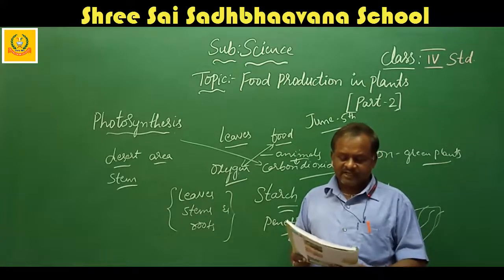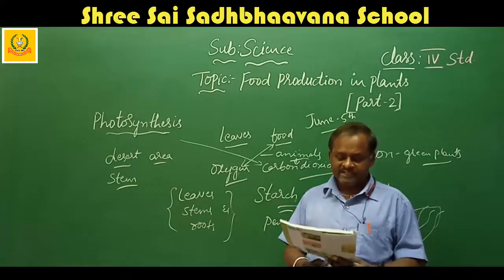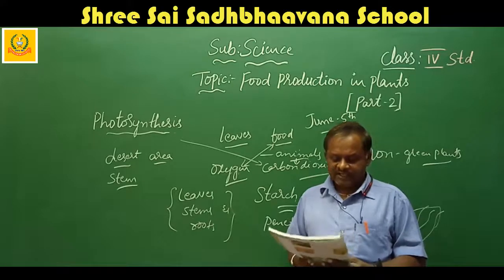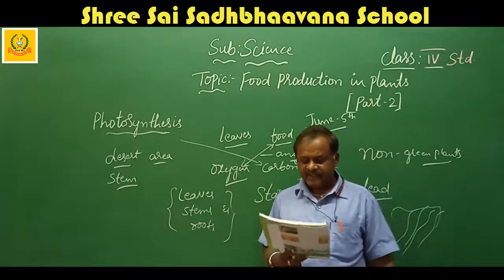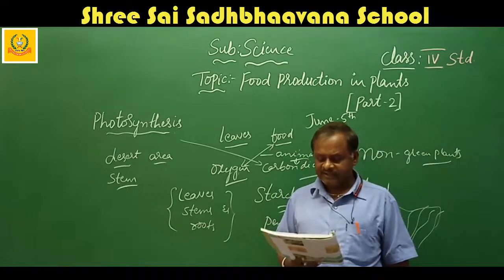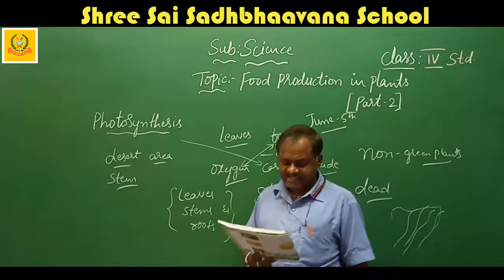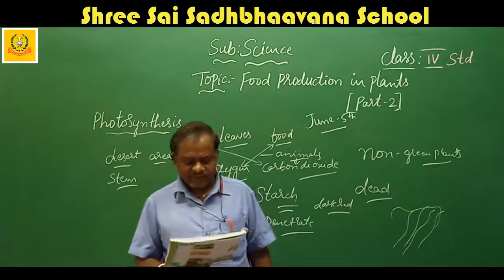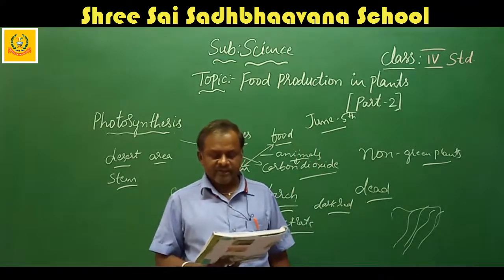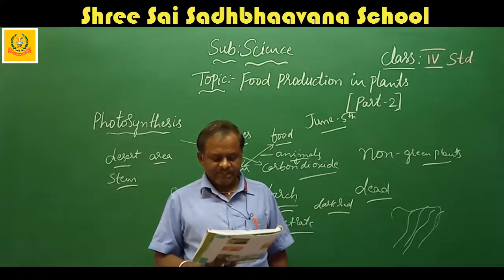Plants and animals are equally important for each other. Water, carbon dioxide, sunlight and chlorophyll are necessary for the process of photosynthesis. Veins enable leaf to distribute water and food within the leaf.